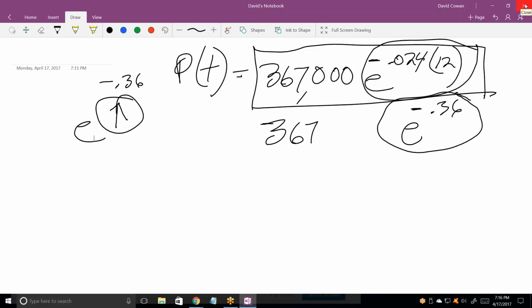Not sure what your solution's going to be for this. I wouldn't think you'd want to get another calculator. But you do need the ability to take numbers to exponents.